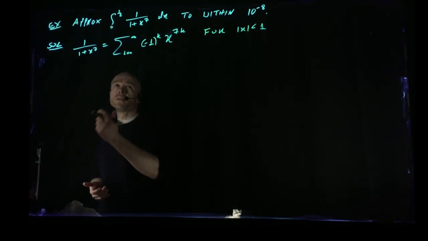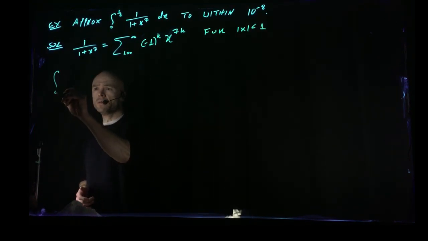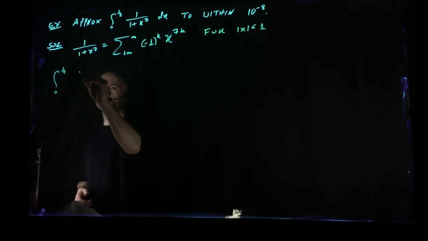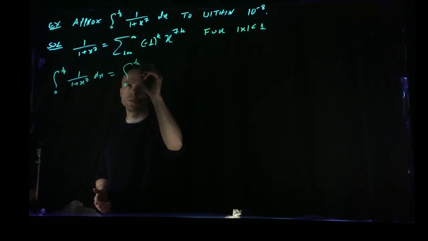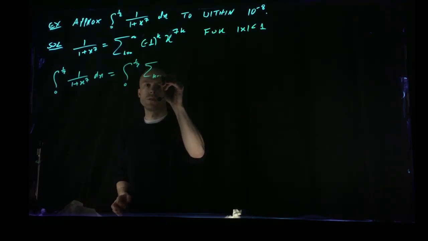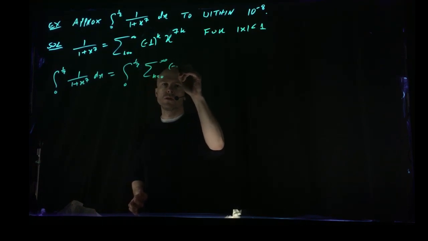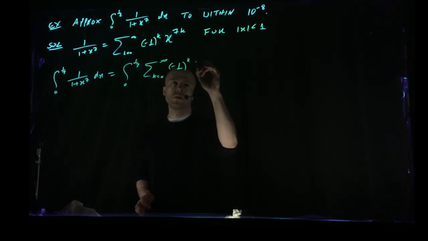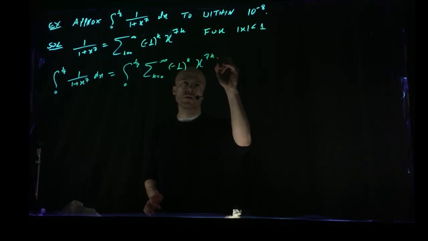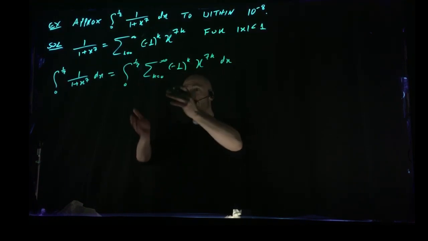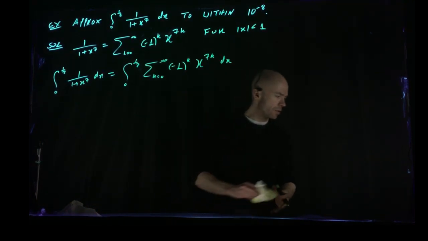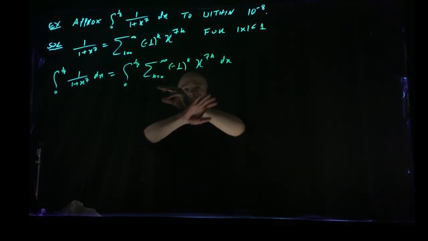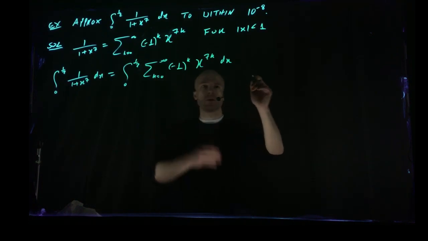So that means that we can write this integral as the integral like this. And again, whenever we have a power series that converges, it is just as good as a polynomial. So if this was just a polynomial, we'd just integrate it term by term.